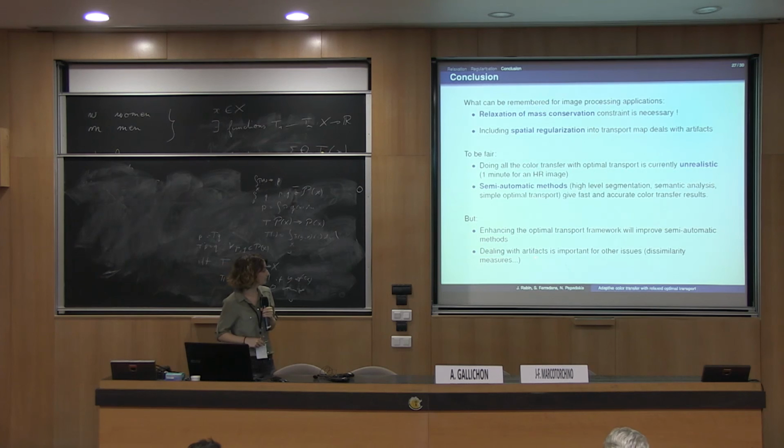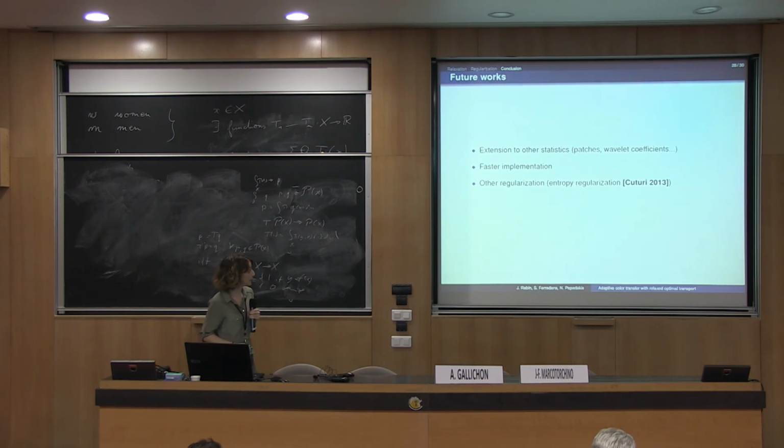And this is basically what we were thinking for the future work: a faster implementation, using some other kind of statistics, not using only color but maybe some other features, and other kinds of regularization. So this is it.